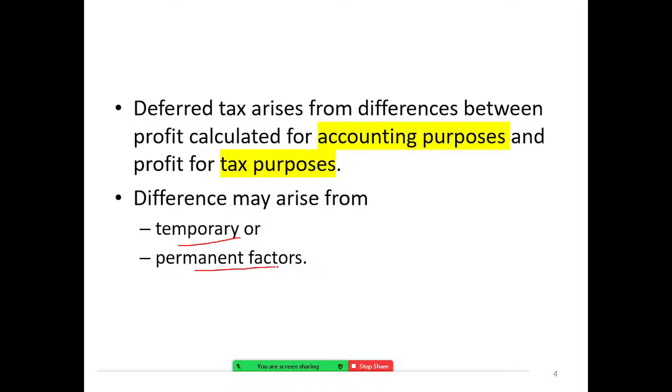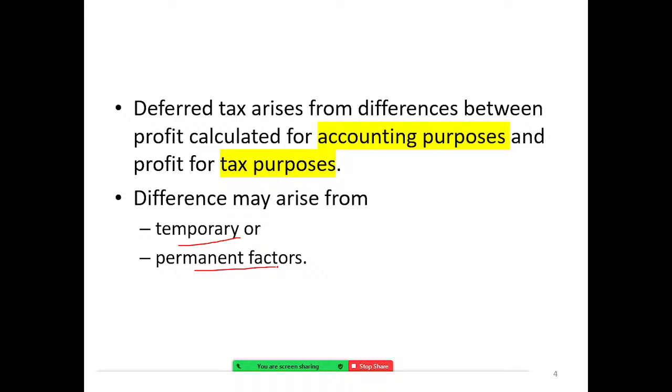The capital allowances, the story will be continuous. But in case of expenditures like penalty, fine, donations, they will not be carried forward to the next year, isn't it? So that kind of factors are called permanent factors. Capital allowances will impact on the future profit.